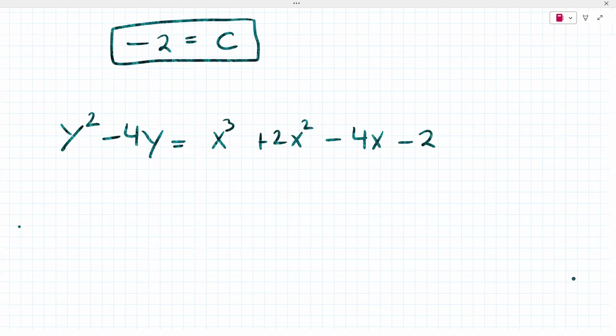Now, this is your implicit form. Can we get it in explicit form? I think we can. We would probably have to use the quadratic formula, and we have to get one side to 0. So what I would do is move everything to the left, so you would have to subtract.